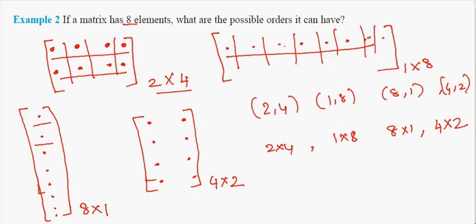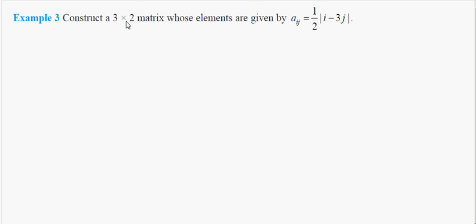We'll take another example. They have told us to construct a 3 by 2 matrix whose elements are given by Aij equal to 1 by 2 modulus of i minus 3j. First of all, for a 3 by 2 matrix, we don't know the elements, so we need to find them using this relation. You know the general term, right?